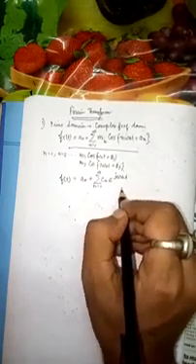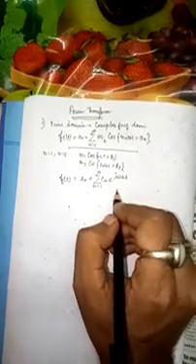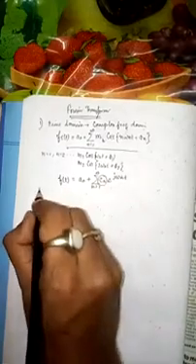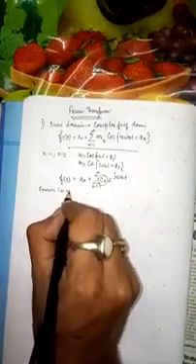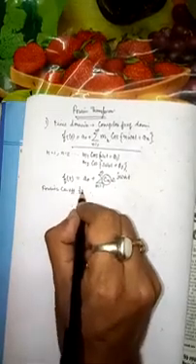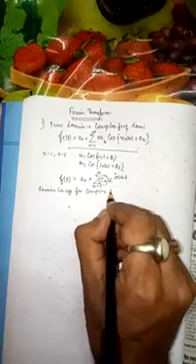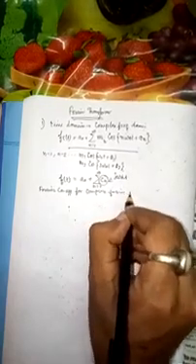Okay, this is called the Fourier coefficient for the complex Fourier series.